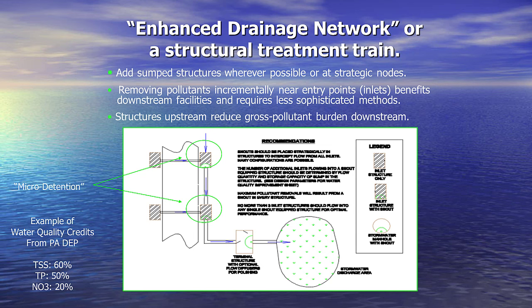This will benefit the downstream facilities by preventing them from being overwhelmed by gross pollutants, especially if they're targeting dissolved constituents or real fine particles. You don't want these higher end facilities being overwhelmed with gross particles. So the structures upstream will reduce the burden of downstream structures, and that's the point behind an enhanced drainage network or a structural treatment train.